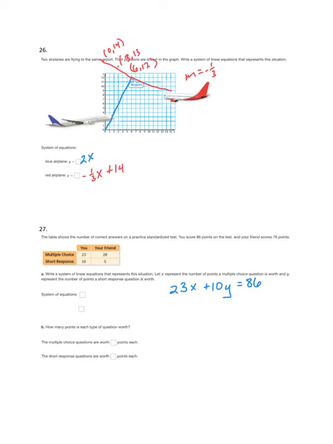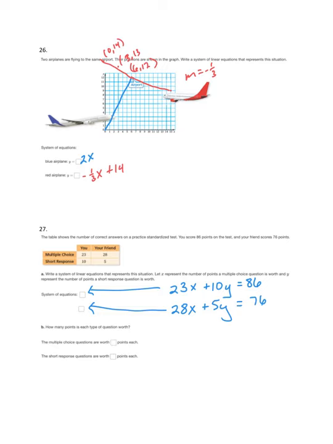So that's the equation for you. And then, so that will go here. And then your friend will have 28x plus 5y equals 76. So that's going to be for your friend.